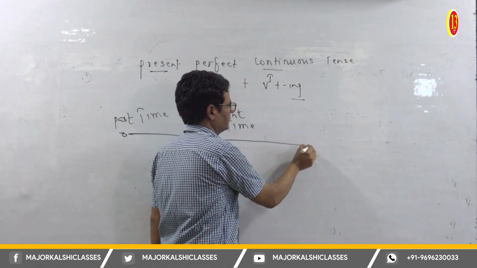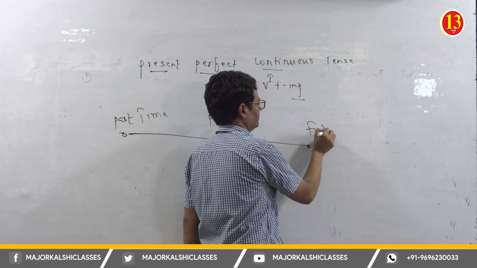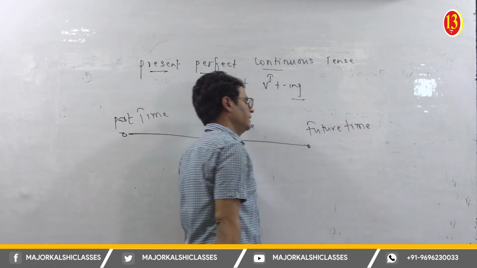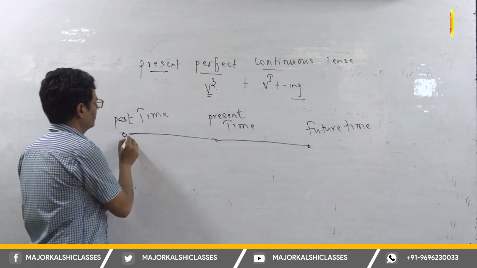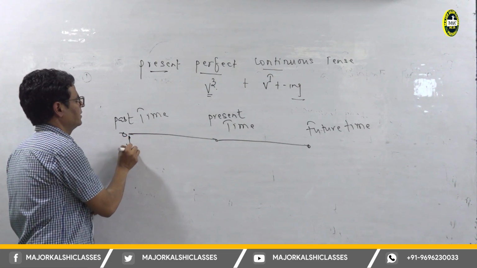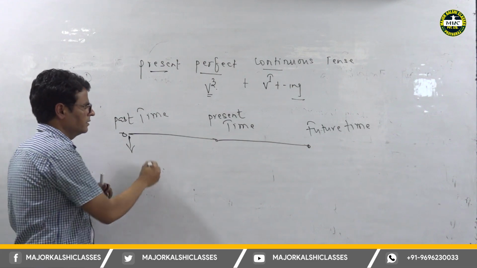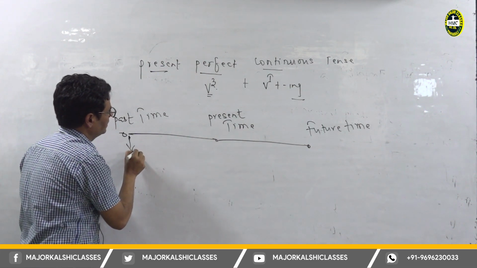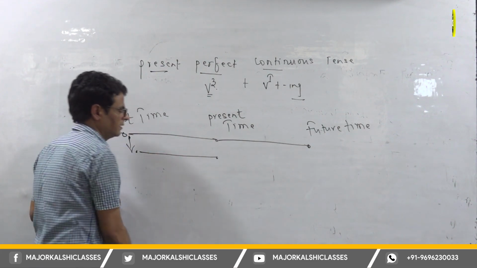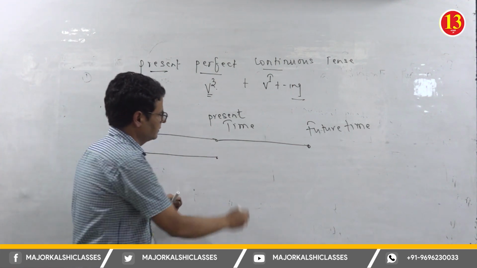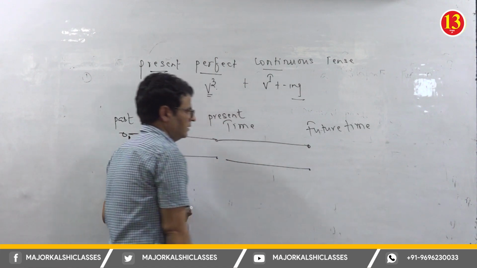And this is called future time. In this tense, any action will start from past and it will just go into the present. From here it will go here, and after that from present it will go to future, just like this.